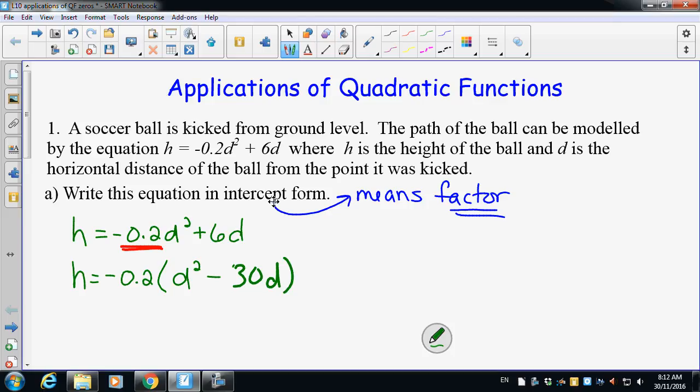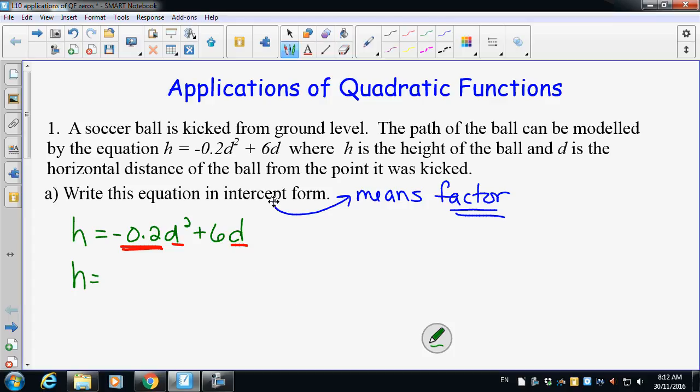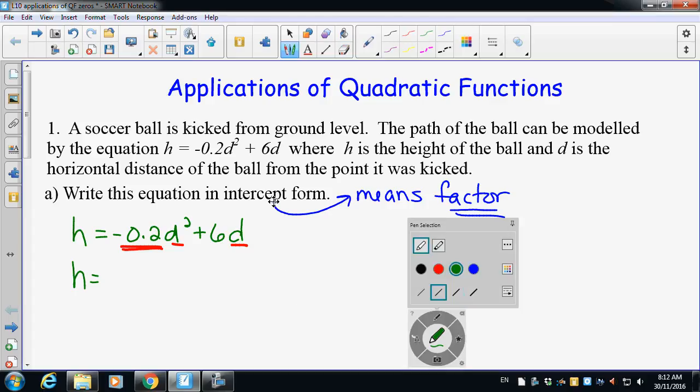I did not fully common factor that, if you're paying attention. They also have a common factor. Each one has a d. So I'm going to go back and fix that. Not only am I going to divide everything by negative 0.2, I can divide them both by d.